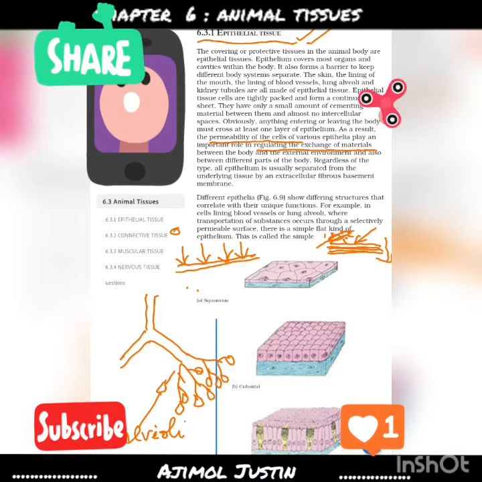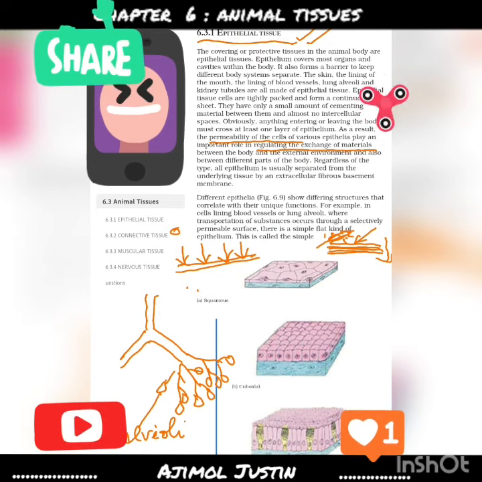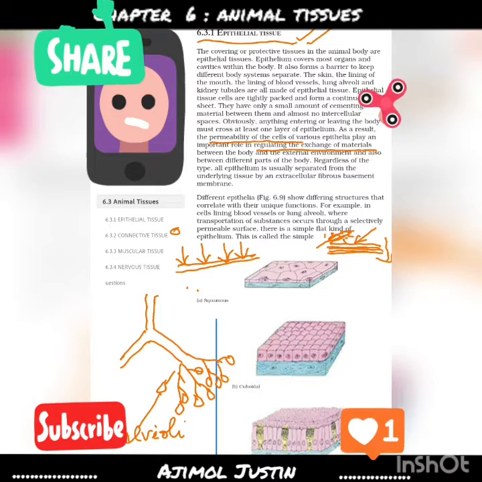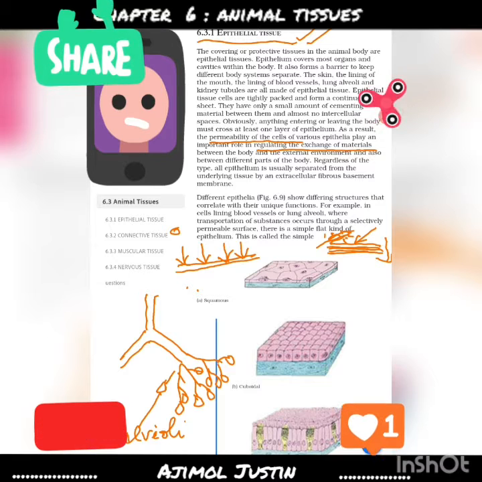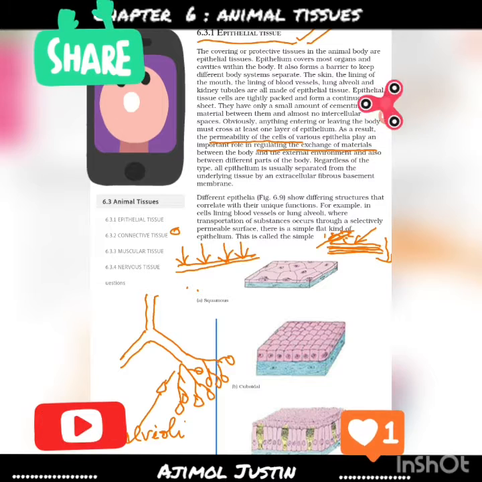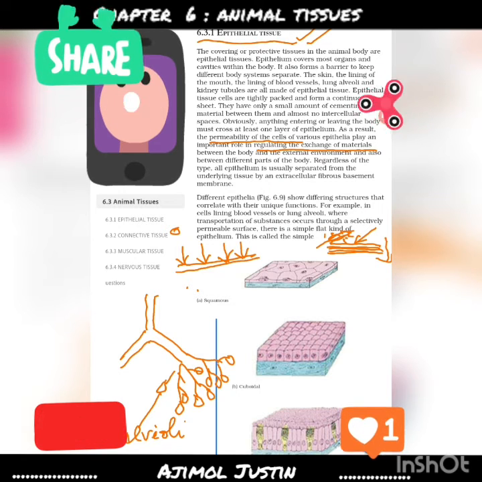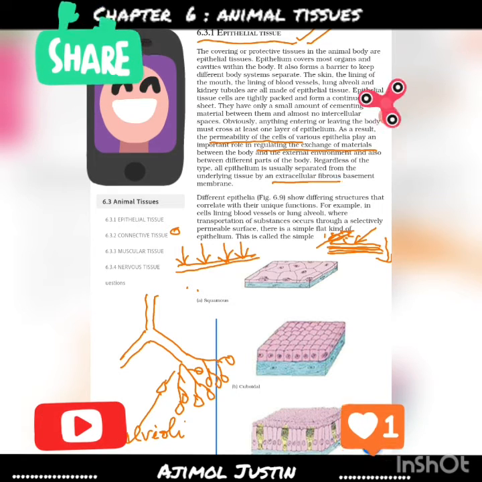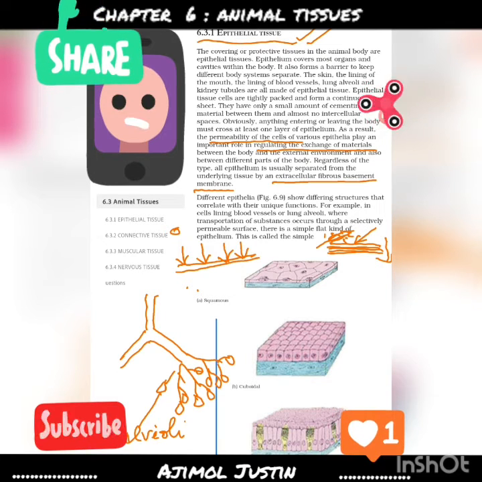Now, regardless of the type, all epithelium is usually separated from the underlying tissue by an extracellular fibrous basement membrane. So, when we come across different types of epithelium, whichever epithelium it is, it is separated from the underlying tissue by an extracellular fibrous basement membrane.